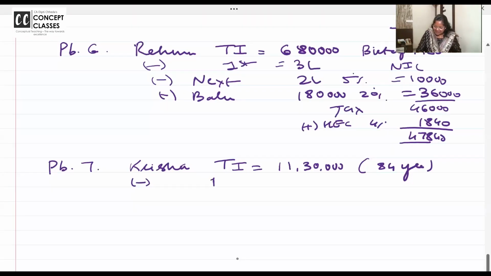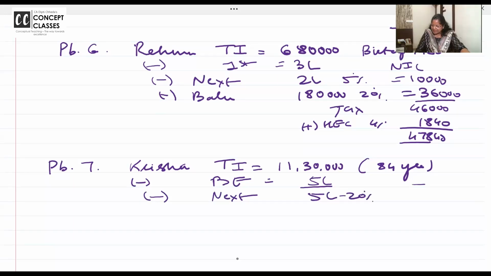Yes. Krishna, he's a super senior citizen, basic. The more you become perfect in tax calculation, 6 marks are yours out of 50. You know how? MCQs, case scenarios, कहीं ना कहीं तो ये सब आता ही है आपको. So 5 lakh तो no problem. Nil, basic exemption. Then the next 5 lakh, it's 20%. 1 lakh.